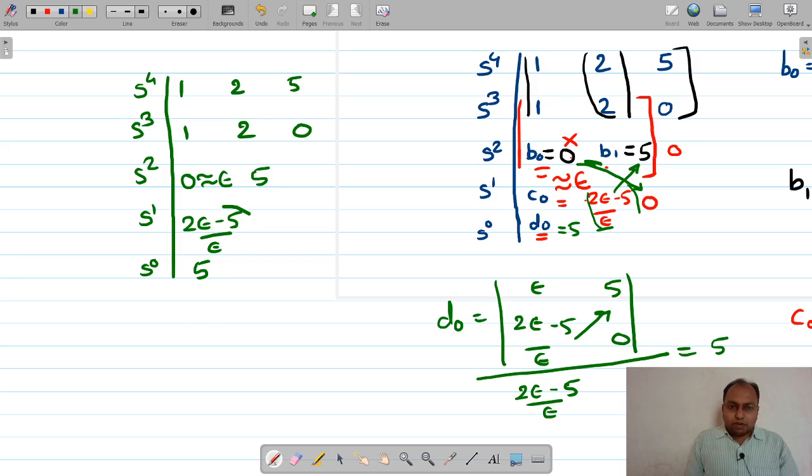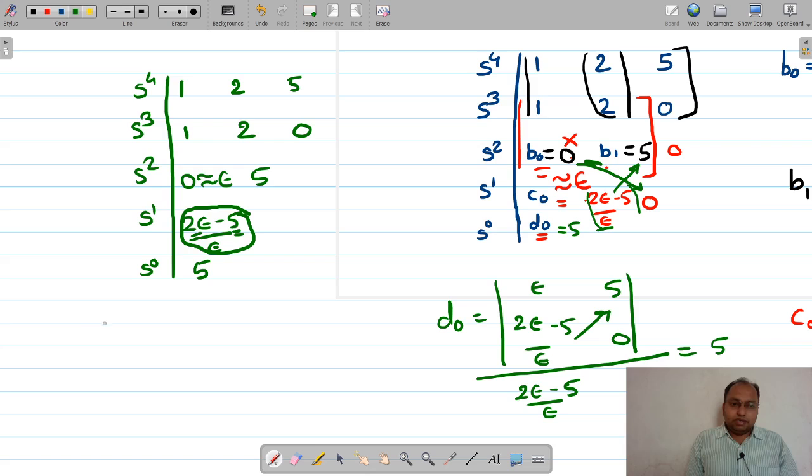So how are we going to comment on the stability of this system? When this term is going to become negative, if this 2 epsilon value is less than 5, then and only then it is going to become a negative value. And if there are some changes in the sign, then we say that the system is unstable.